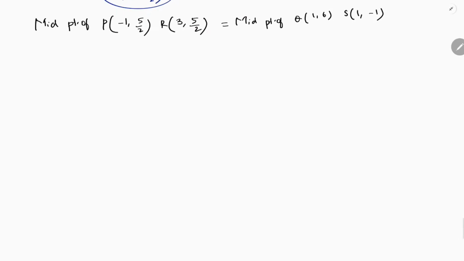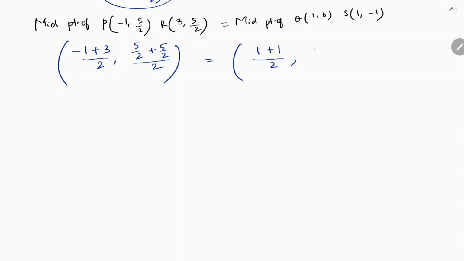Now, the midpoint formula is (x1 plus x2) by 2. So (-1 plus 3) by 2, (5/2 plus 5/2) by 2, and here (1 plus 1) by 2, (6 minus 1) by 2.